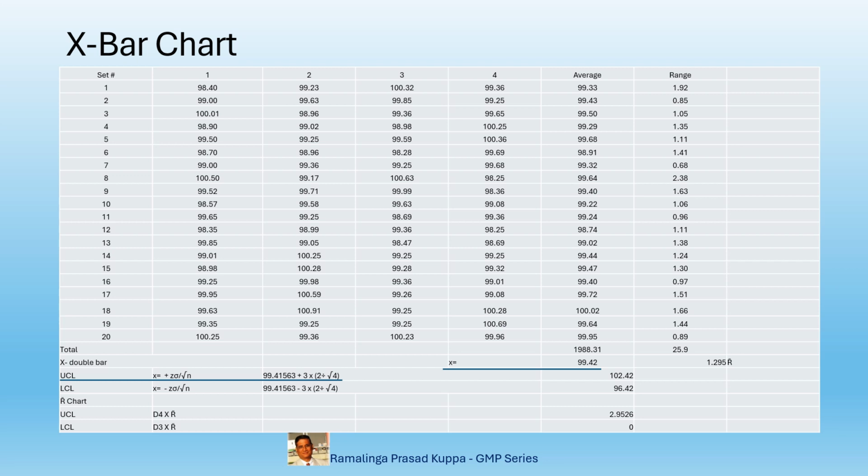UCL and LCL are calculated using these formulas. The formula is X double bar plus Z, which is 3 sigma, which is 99.74% confidence, times the standard deviation of the process sample, which was not more than 2%, divided by the square root of the number of samples in a set, which is 4 in this example.